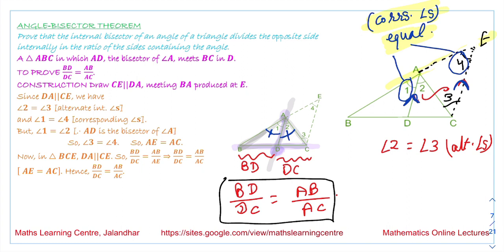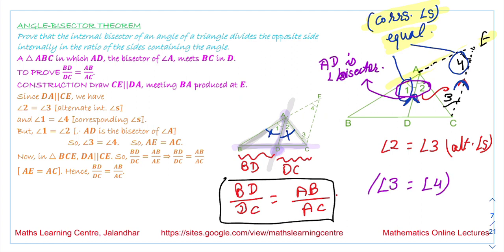Now angle 1 and angle 2 are given in the question to be equal because AD is the angle bisector. So by combining all these results, we get that angle 3 is equal to angle 4.